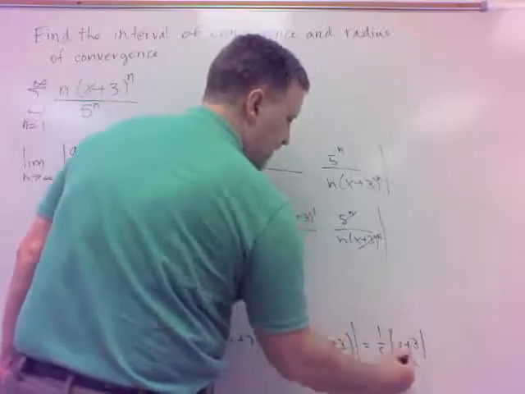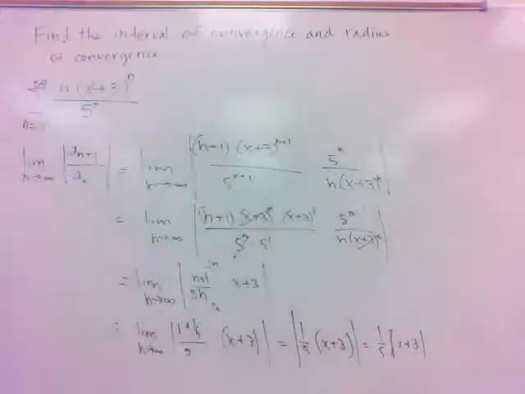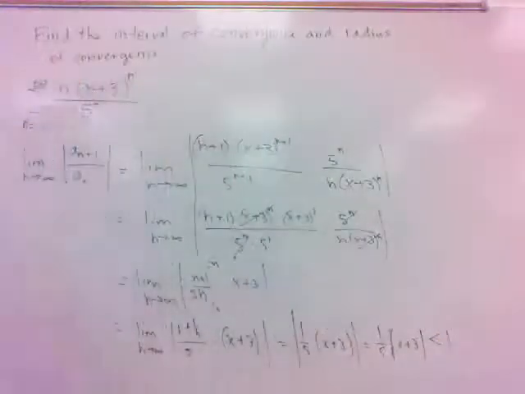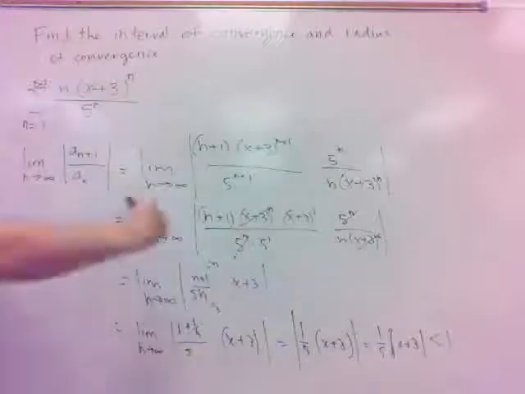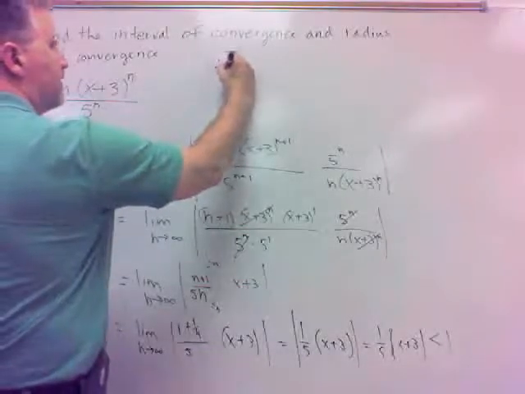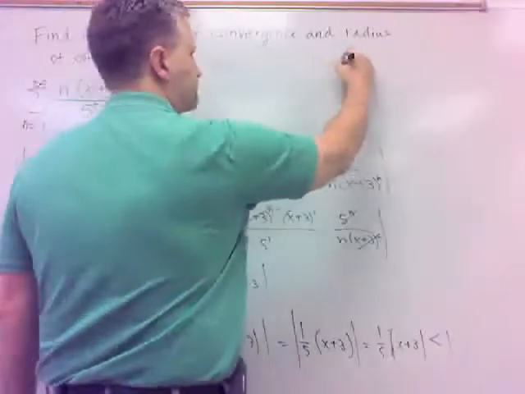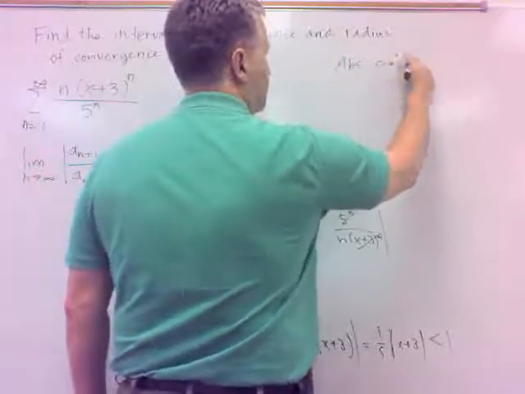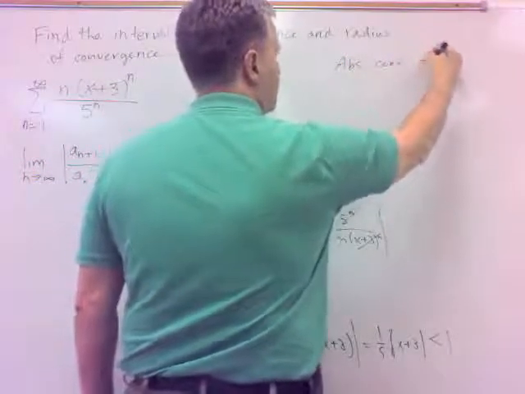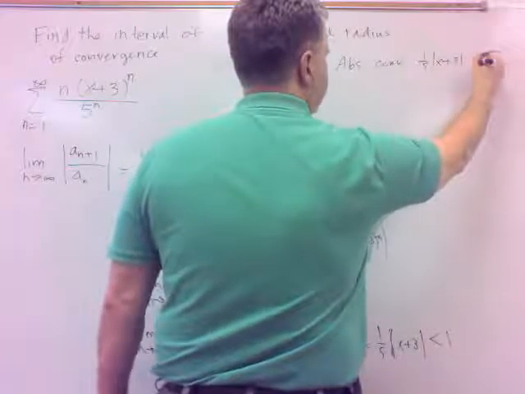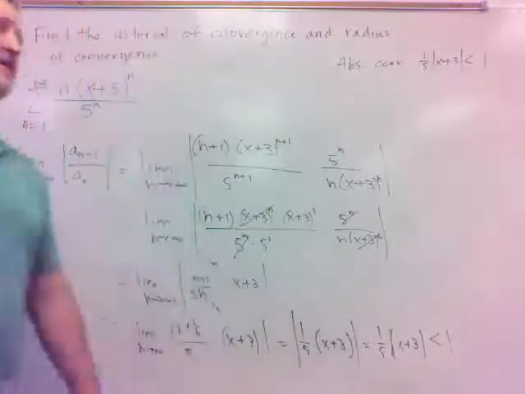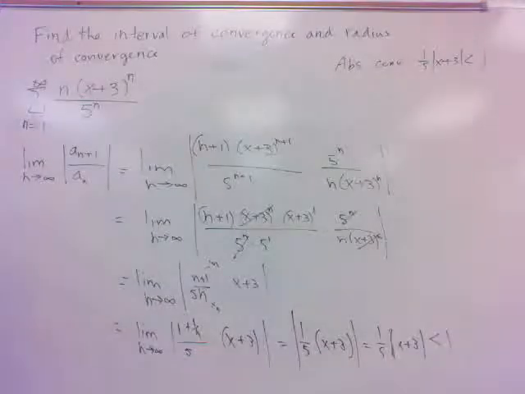All right, and so the ratio test says that's absolutely convergent if it's less than 1. If 1/5 times the absolute value of x plus 3 is less than 1, the ratio test tells me that's definitely absolutely convergent.